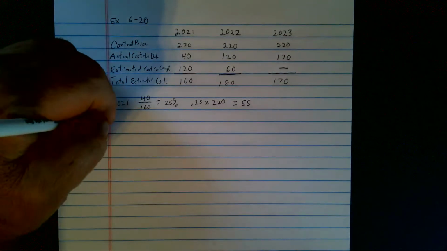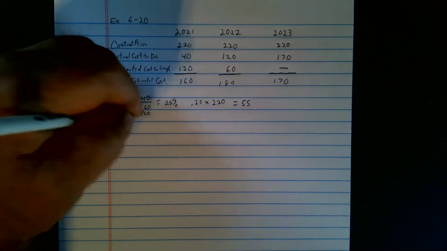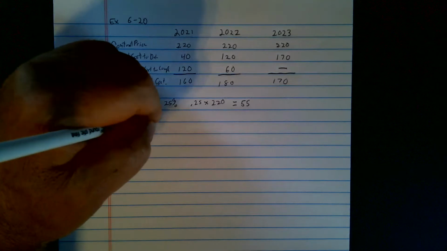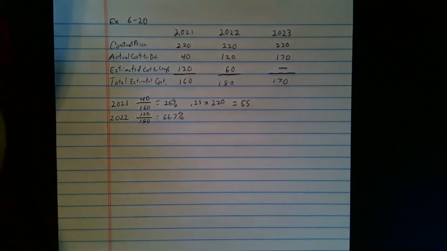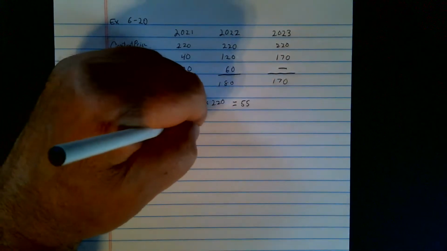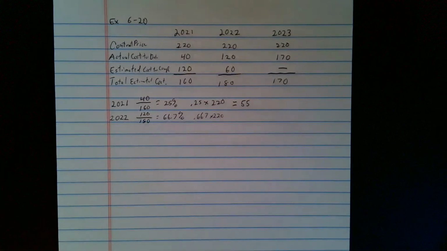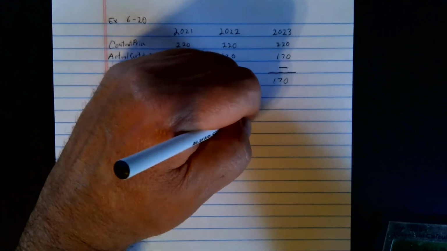Then in 2022, our total costs to date are 120, but now we've gone up to 180, and that's 2/3, 66.7%, and we multiply 0.667 times 220, and when we do that, that would equal 146.74.